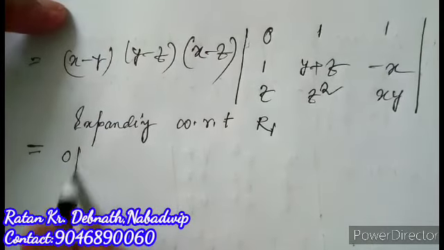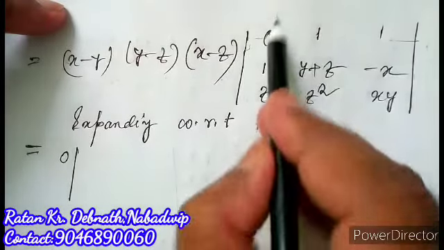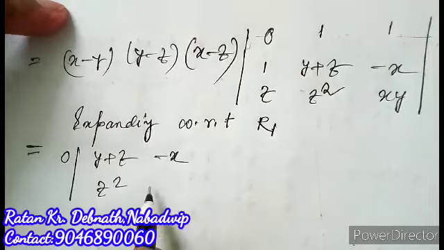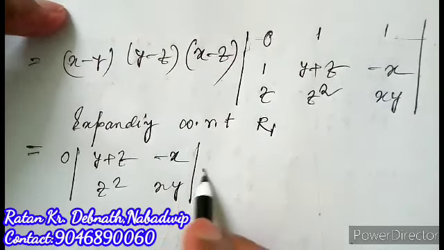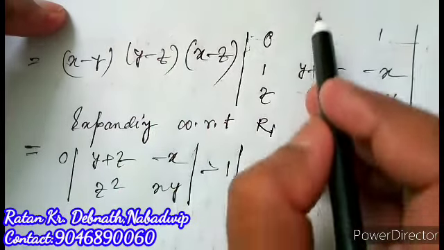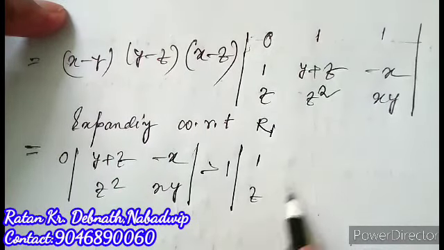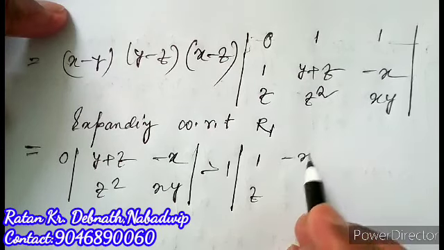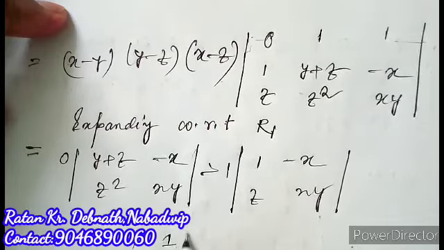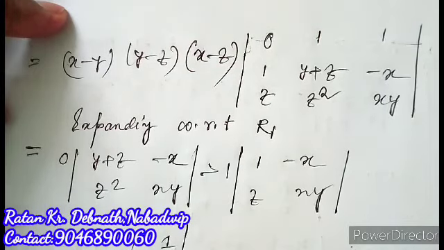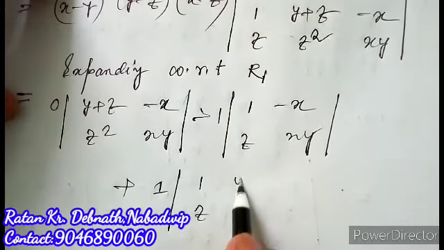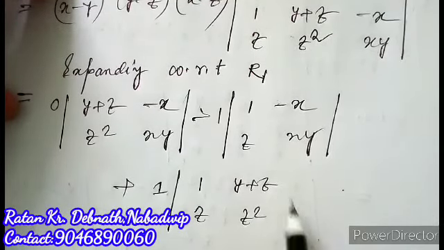So 0 into this, minus 1 into this row and this column suppressed, 1 z, minus x, xy. Next 1, this element, 1 z, y plus z, z square.